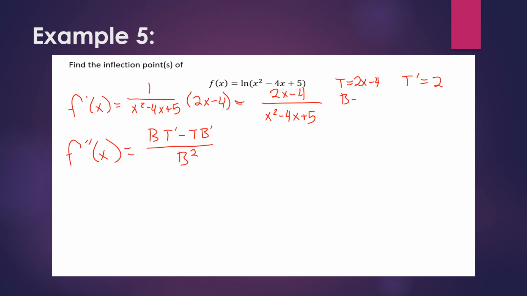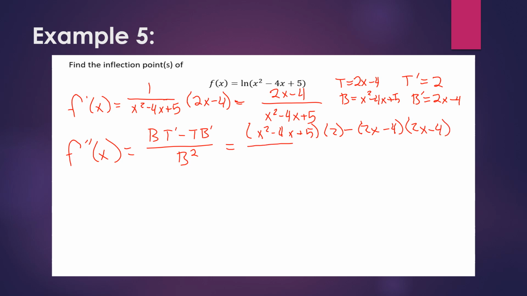The bottom is x squared minus 4x plus 5, and the derivative is 2x minus 4. So when we plug this in, we're going to get something pretty long here. It's going to be x squared minus 4x plus 5 times 2, minus 2x minus 4 times 2x minus 4. And in the bottom, we have x squared minus 4x plus 5 squared.